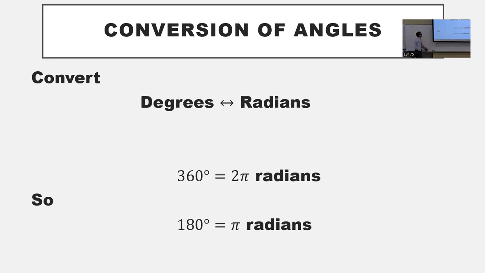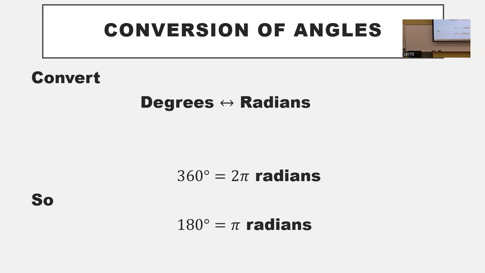Now, what we're going to do for just a moment is talk about converting. So we see where radians come from. We know that degrees are 360 degrees in a circle. This means that if I want to go back and forth from degrees to radians or vice versa, since I know 360 degrees is 2 pi radians, and like I wrote on the board, 180 degrees is pi radians.